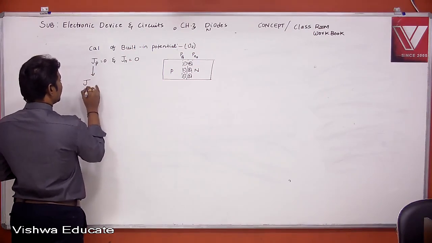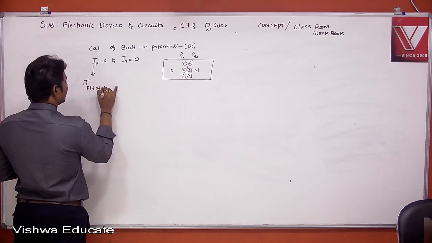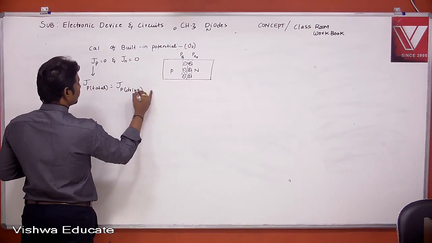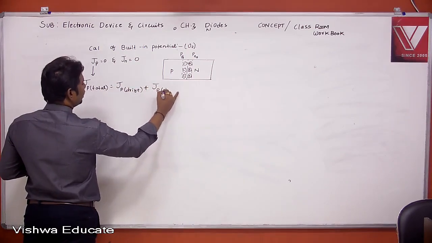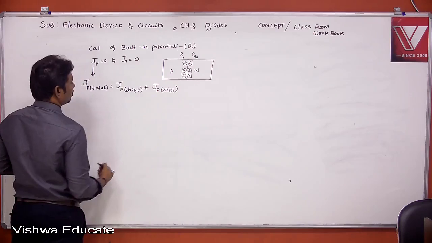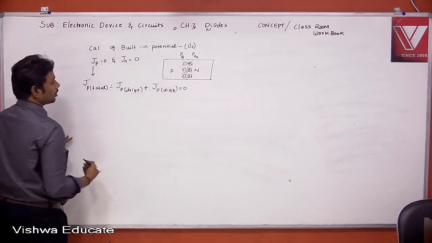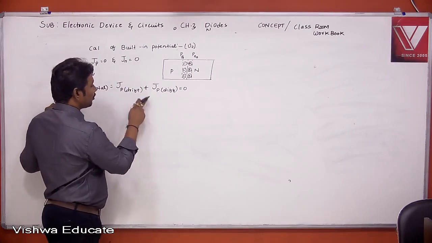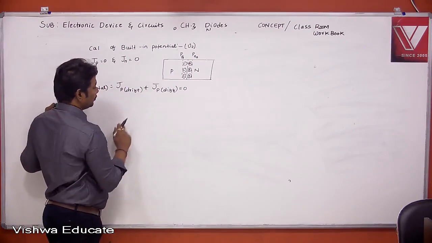That means Jp total is simply Jp drift plus Jp diffusion, which is equal to 0, because here we are in open circuit condition, right? Similarly, Jn drift plus Jn diffusion.